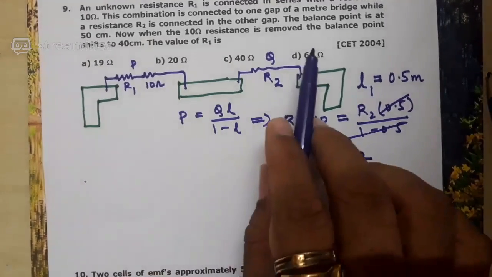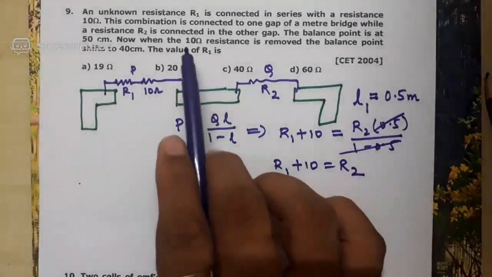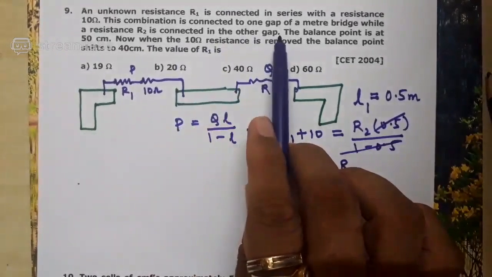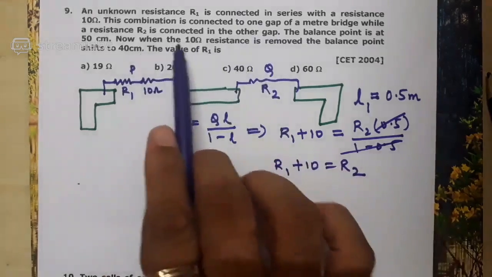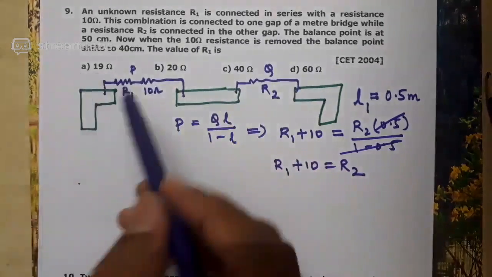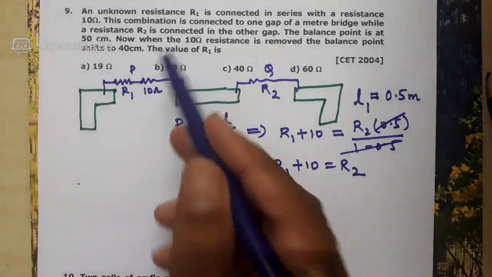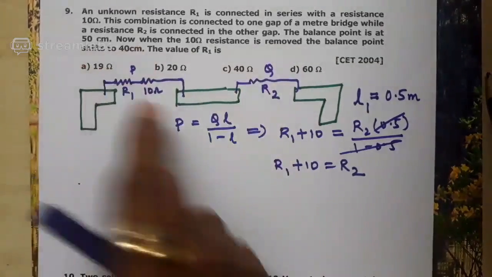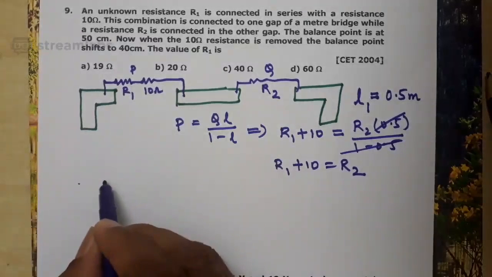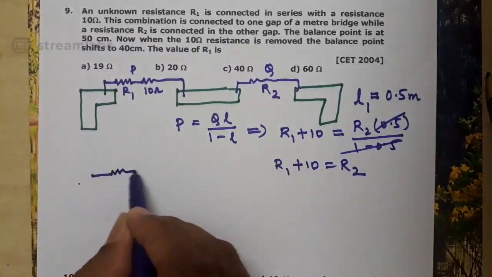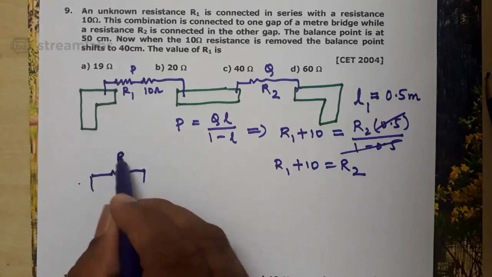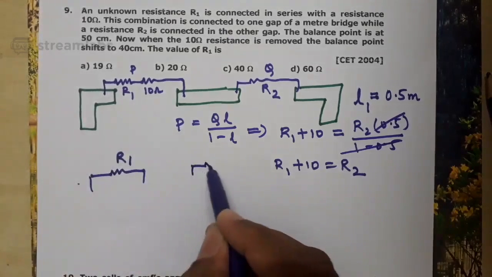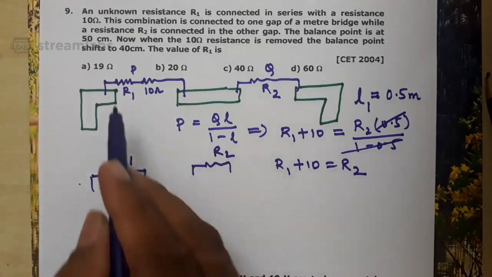Later what they said in the problem. Now when 10 ohm resistance is removed, that means you are going to remove 10 ohm resistance from the left gap, and the balancing point shifts to 40 centimeter. Now in the new situation, I am having only R1 at the left gap and R2 at the right gap, correct? 10 ohm is removed.